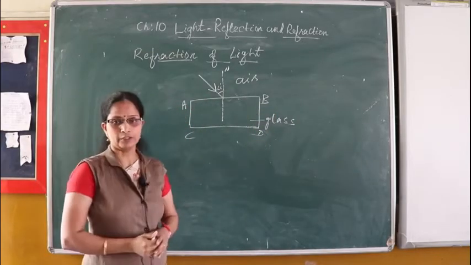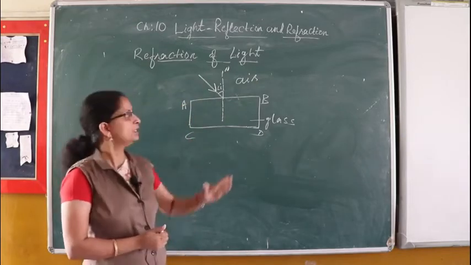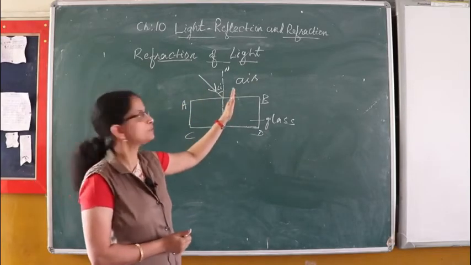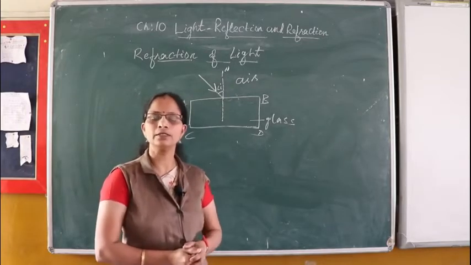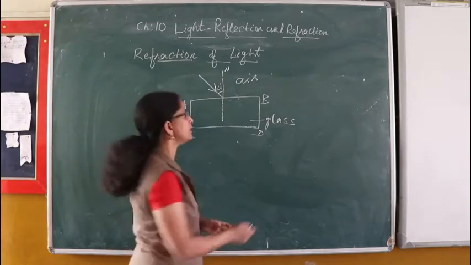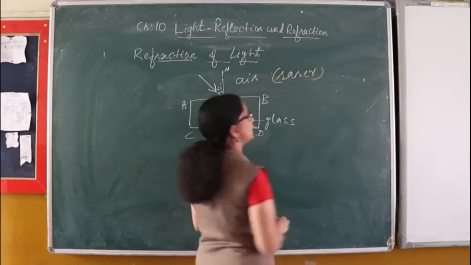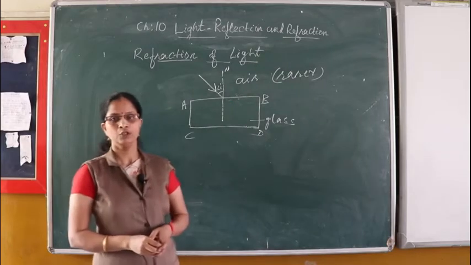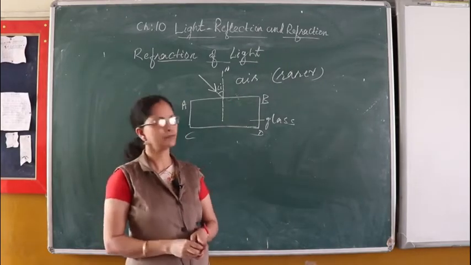In such cases, when light enters from air to glass, light has maximum speed in air. So here the air is considered to be a rarer medium. In a rarer medium, light travels with great speed.